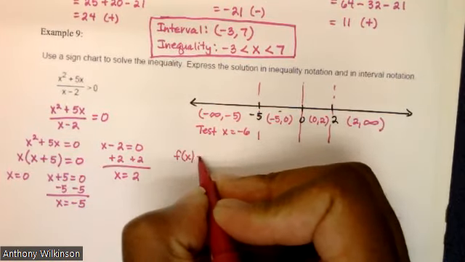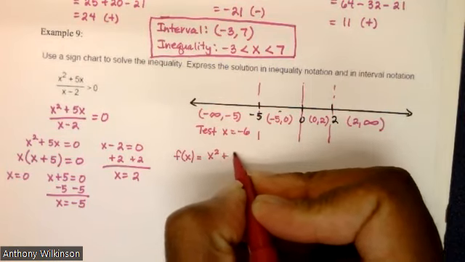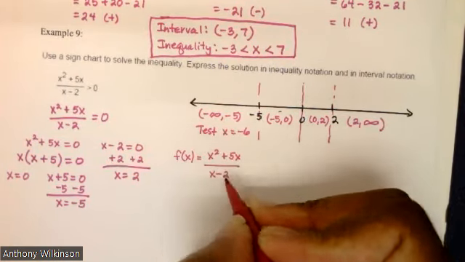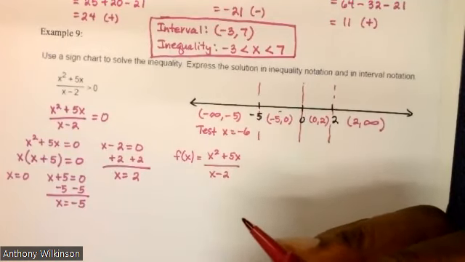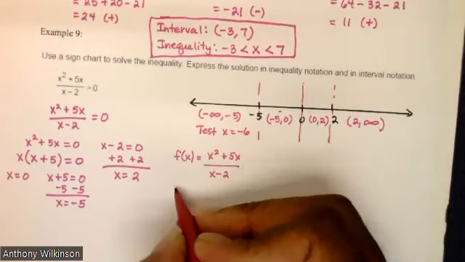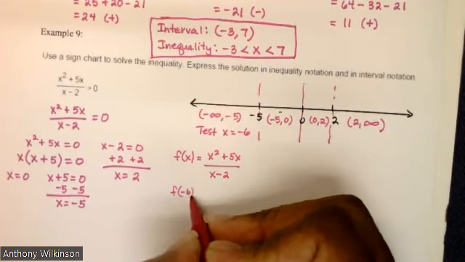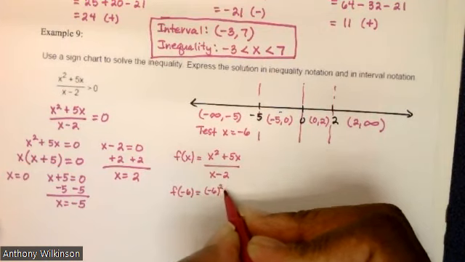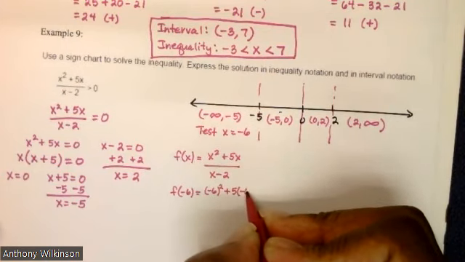f of x is equal to x squared plus 5x divided by x minus 2. So I'm going to substitute each x with -6 in this function to see if it's positive or negative.